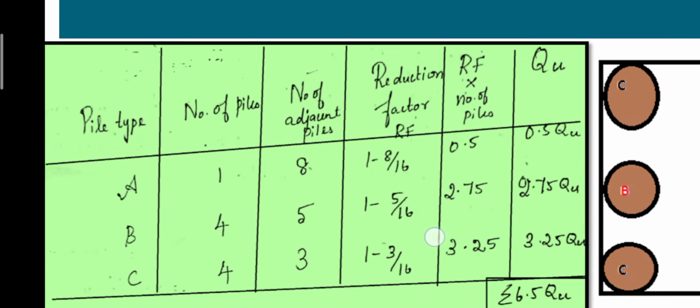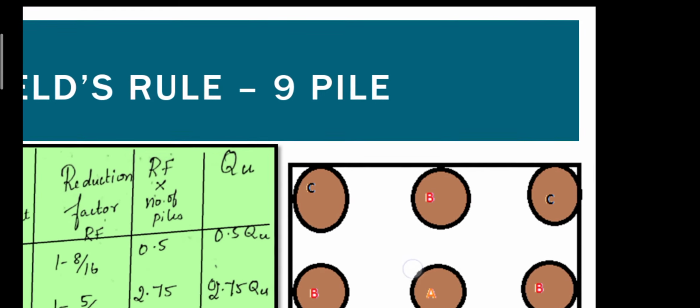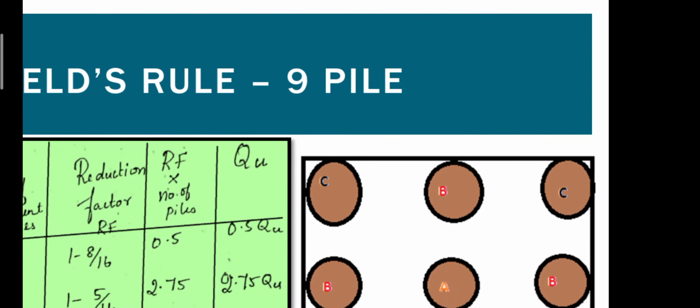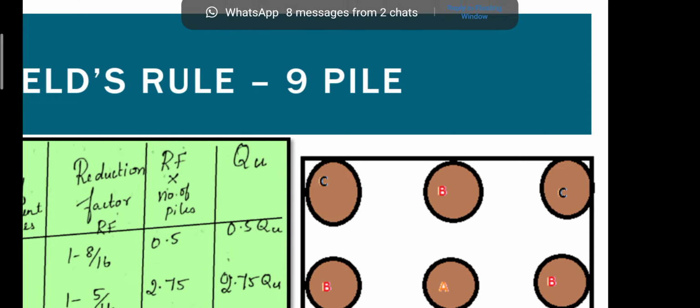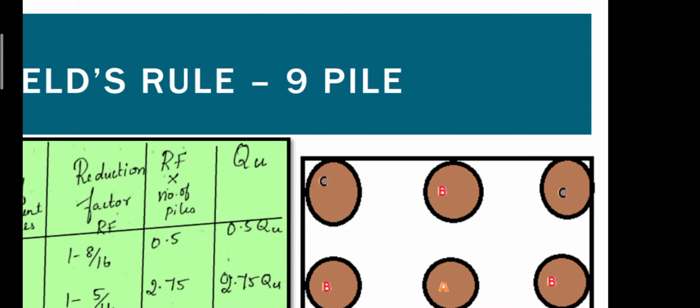Now consider B. When you take one B, this is an inner pile. For inner pile B, how many adjacent piles are there? We have C on the left side and C on the right side, that is 2.